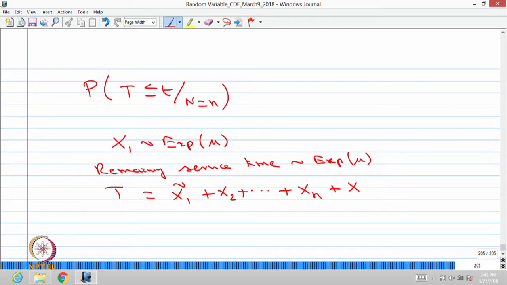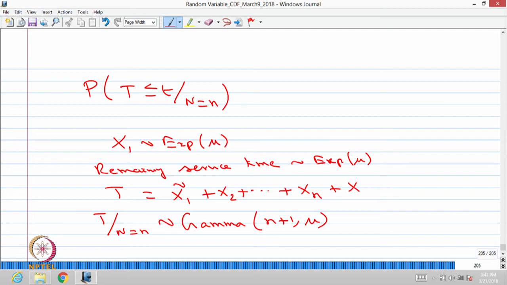Service is one followed by the other. Therefore, you can conclude that for a fixed n, the distribution of T is gamma distributed with the parameters n plus 1 and mu.